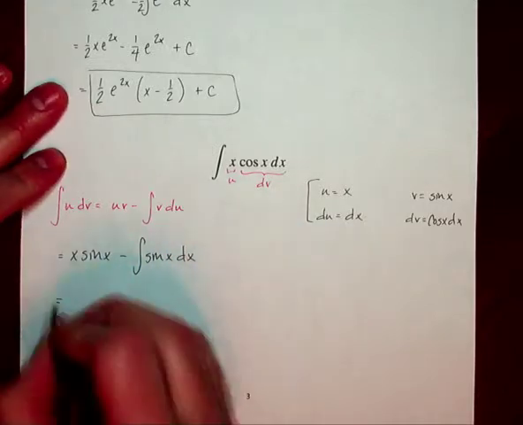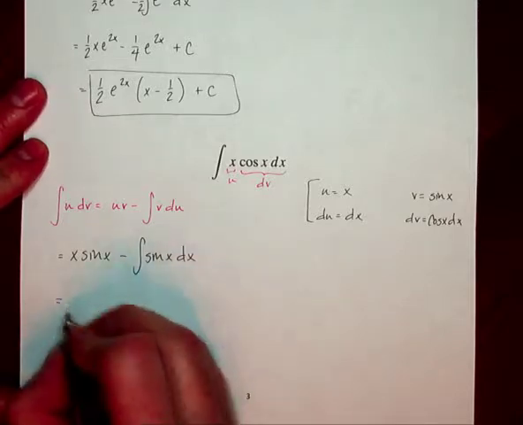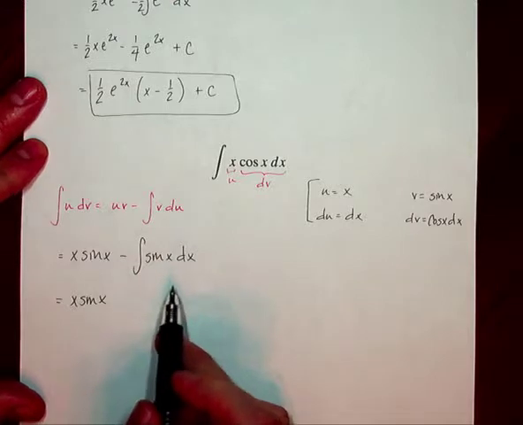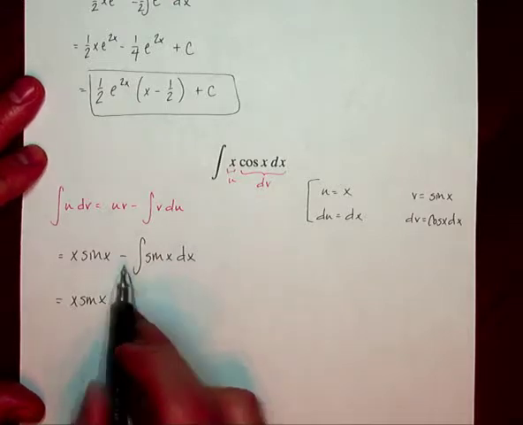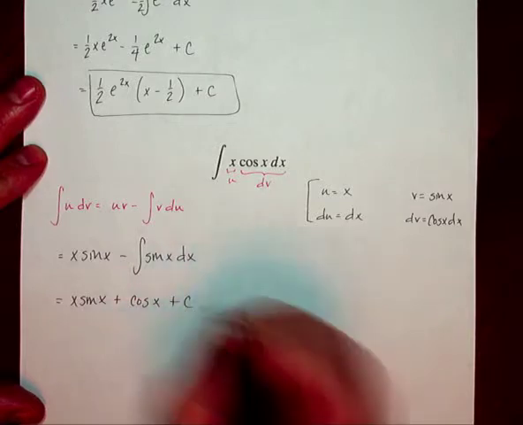I know how to anti-differentiate sine. Sine is the derivative of negative cosine, and the negative of the negative cosine is going to cancel with that negative right there and become plus cosine x plus c.